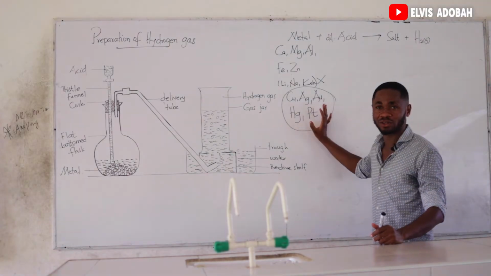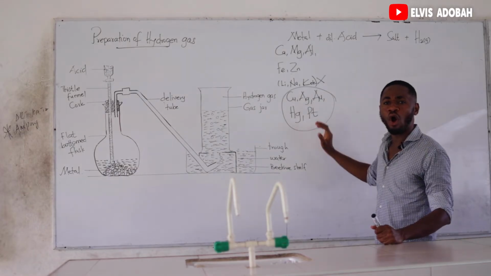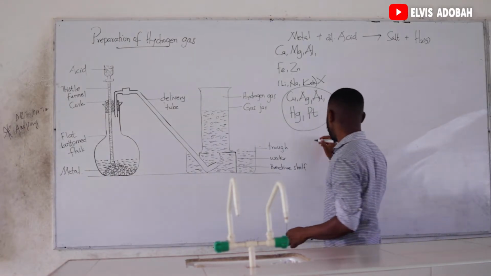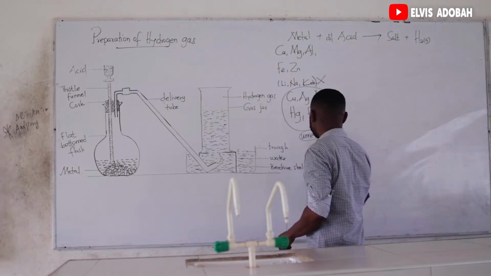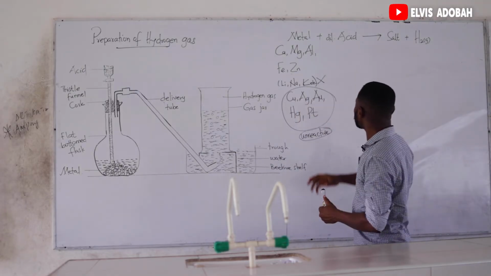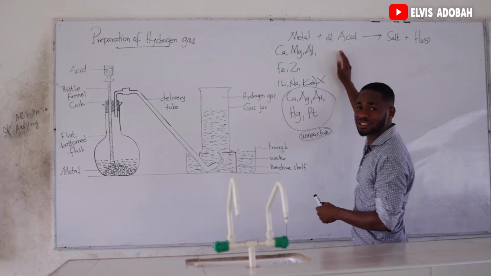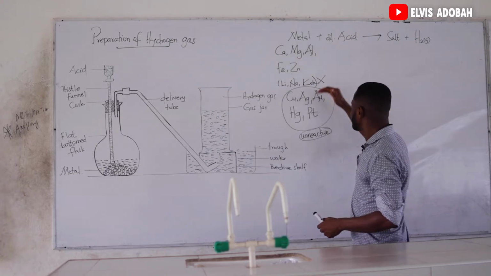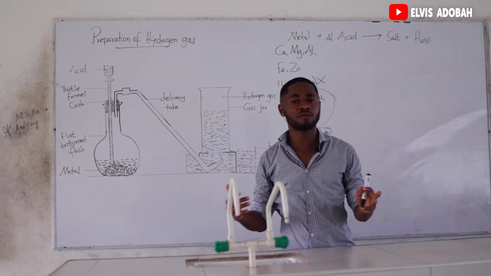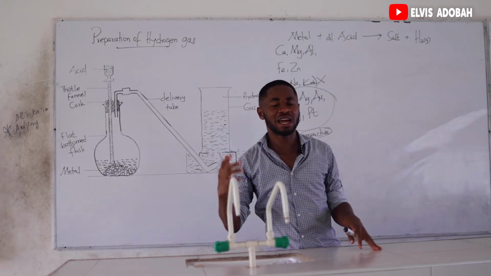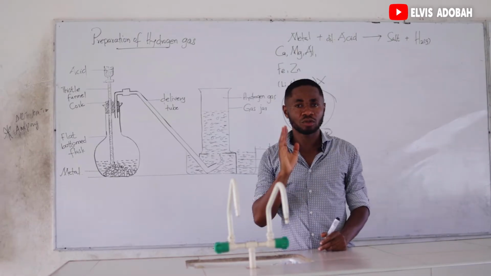We know these are metals, but they are what we call unreactive metals. As such, when you place them in a solution of a dilute acid, they wouldn't be able to displace the hydrogen and form a salt liberating hydrogen gas. Don't worry.